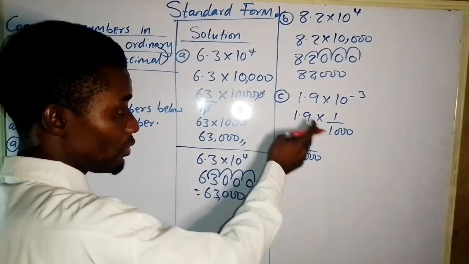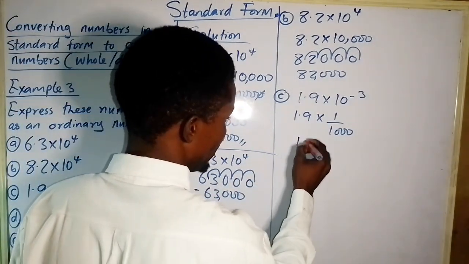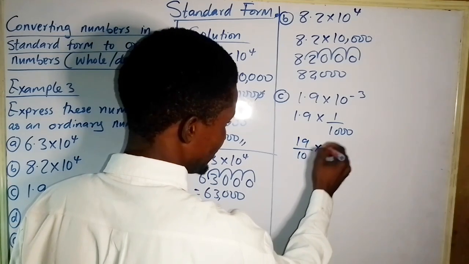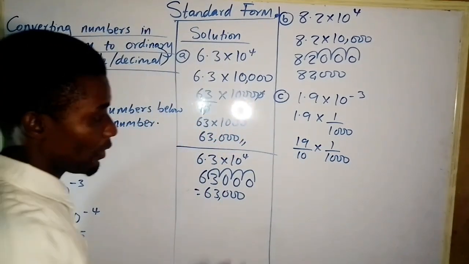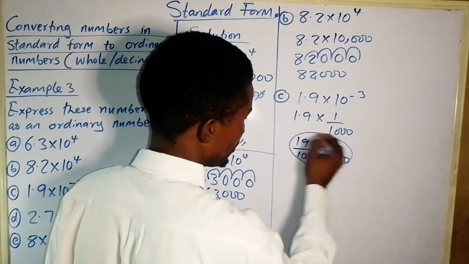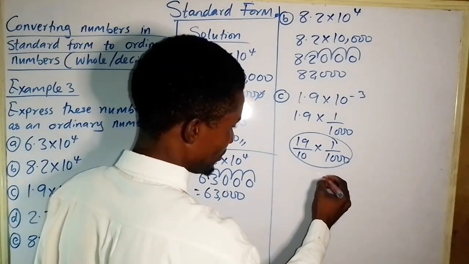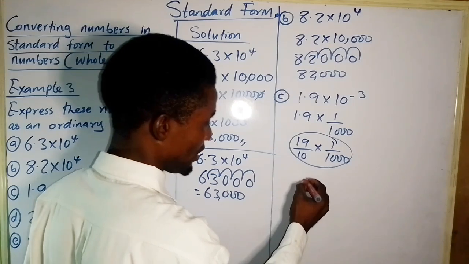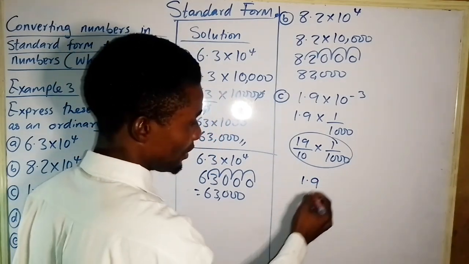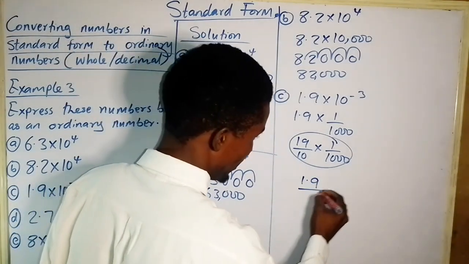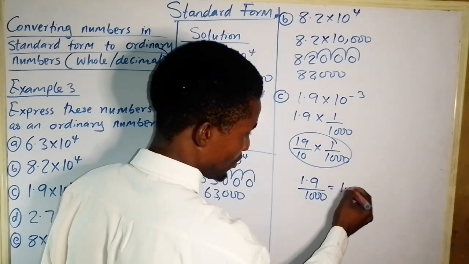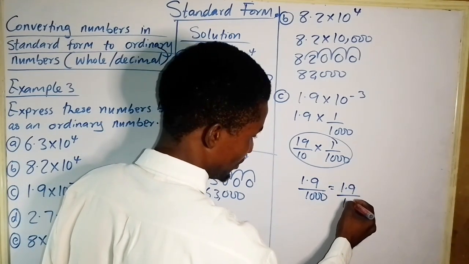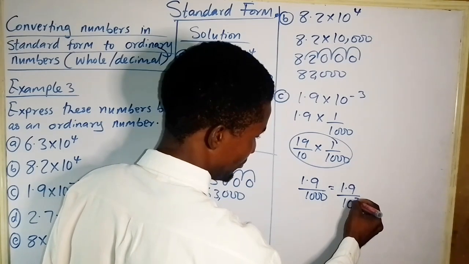We can also express this as 19 divided by 10 times 1 over 1000. Either way, but I choose to start with the decimal point, since we're dealing with 1.9 over 1000, which can be expressed as 1.9 over 10 raised to power 3.